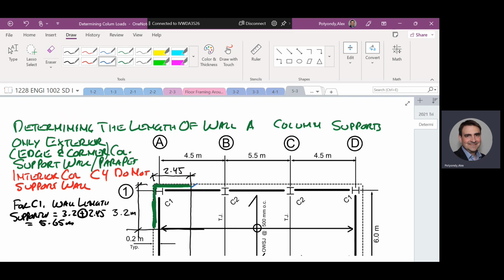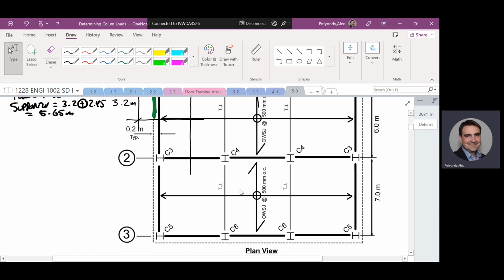Do that with blue, keep consistent on my lines here. That's 5 meters. All right. And I'm going to do the same step for C3.